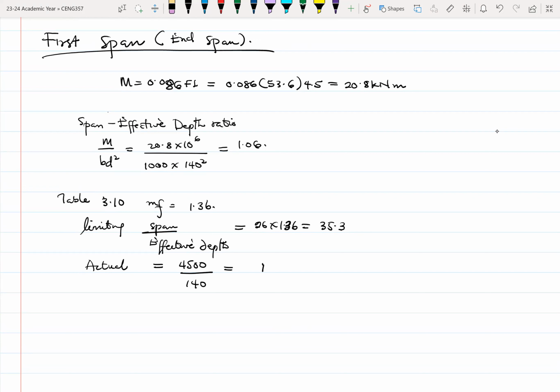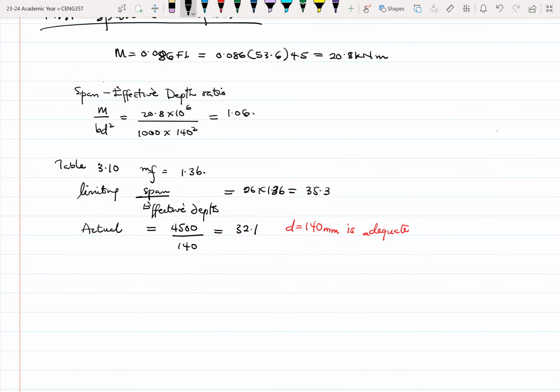So it's great. So our 32.1 works. Anything lower, and we will be hitting our limits. So here, I can put that d equals 140 mm is adequate. It's always good to do this check so that you don't end up with a case whereby your effective depth is not adequate. Okay. So now let's look at the bending reinforcement.